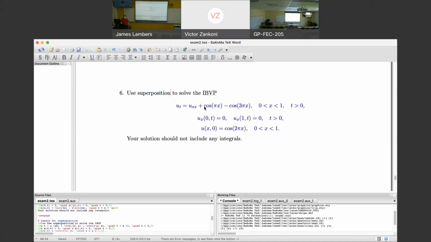Now, something like this is a possibility where your source term has more than one thing. And then therefore you're going to have, in this case, multiple values of n from which you may have a non-zero solution. So yeah, that's a possibility. So I think the very first problem on the practice final that has a non-homogeneous heat equation, that source term might have more than one non-zero term in its eigenfunction expansion.